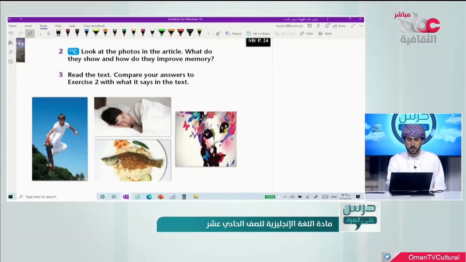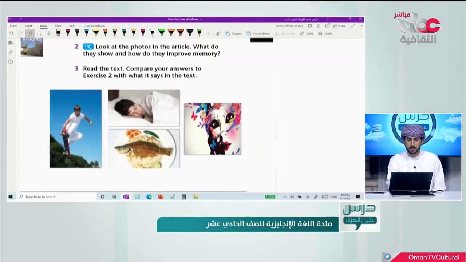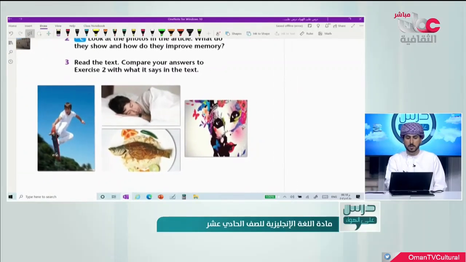We have 4 photos, and we are asked to know how these things in the photos can improve our memory. Here we have what in this one? We can see that we have a picture, we have color, shape or decoration or something. So how can such a thing improve your memory?